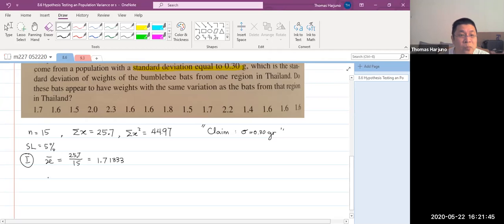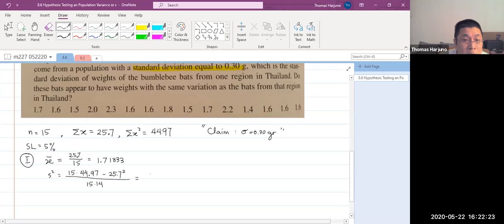Then s squared will be 15 times 44.97 minus 25.7 squared, over 15 times 14.